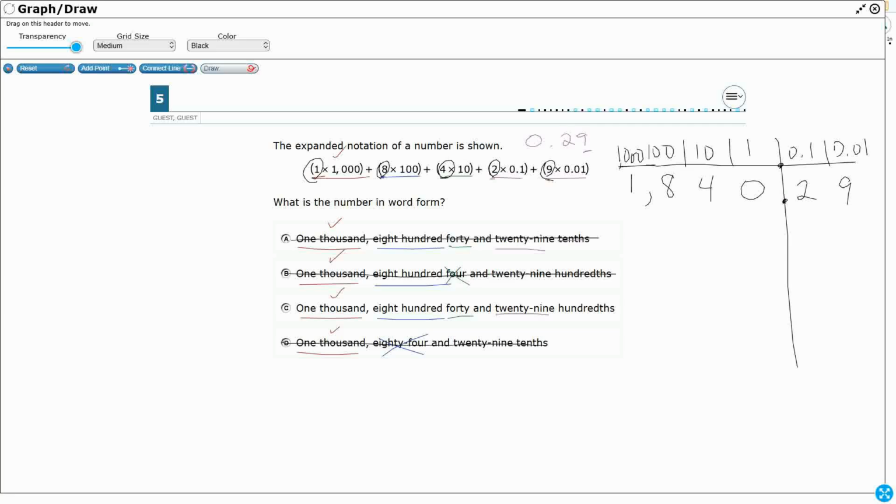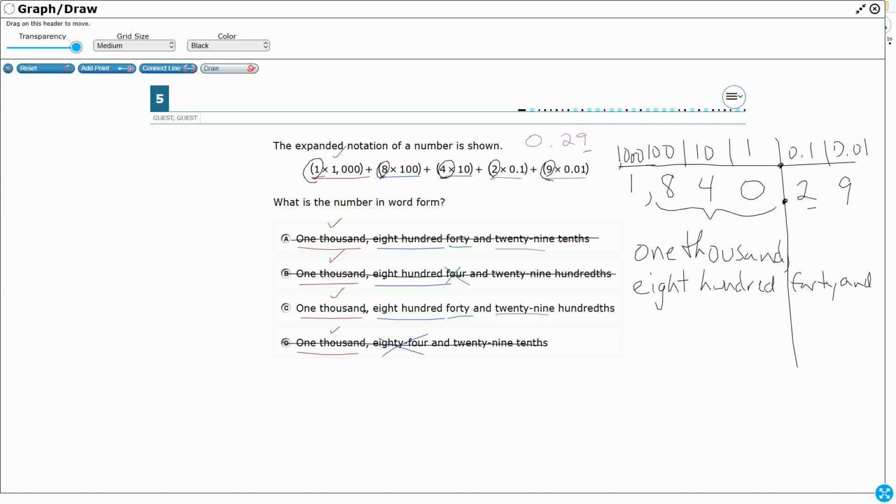Now, we would just need to convert this into word form. So this is 1,000. And we put a comma, which is what we did here. Then we say 840, then this period next, and that's the decimal.